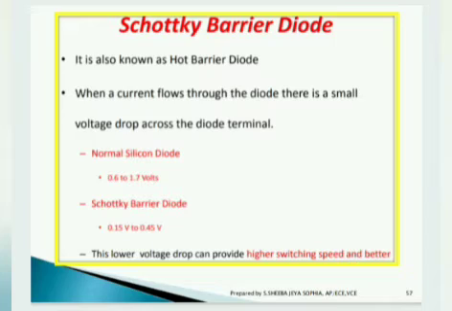This voltage drop for a normal silicon diode ranges from 0.6 to 1.7 volts, and for a Schottky barrier diode it ranges from 0.15 to 0.45 volts. By this value you can clearly see the voltage drop is very minimal for the Schottky barrier diode, and this lower voltage drop can provide higher switching speed and better characteristics. Because of this, we choose this Schottky barrier diode for many real-time applications.